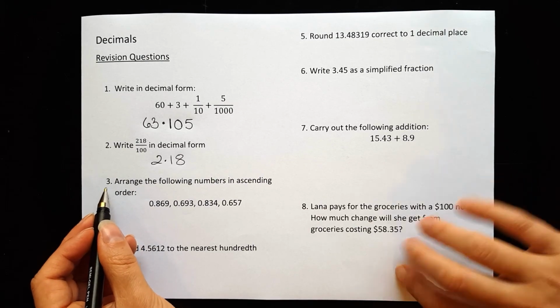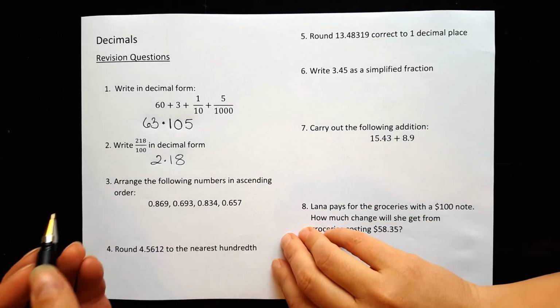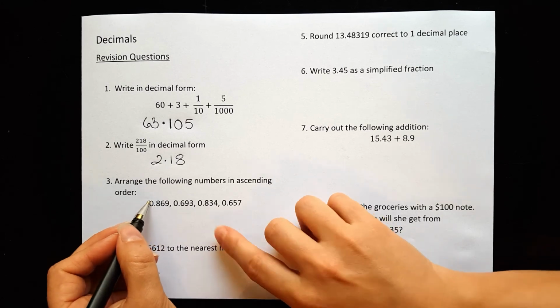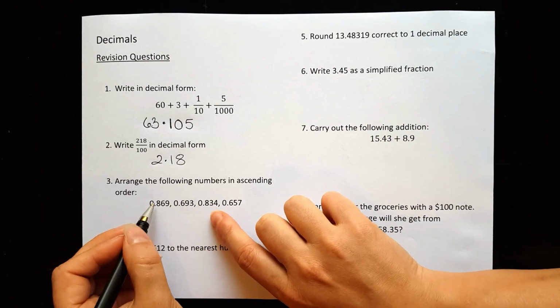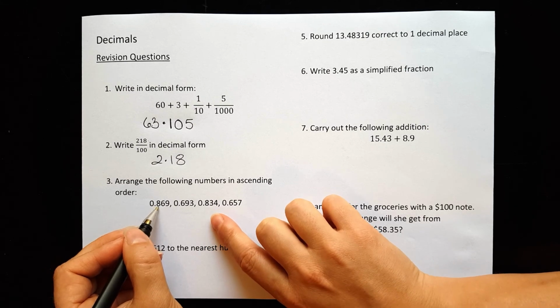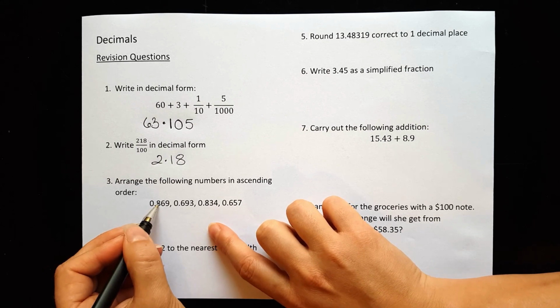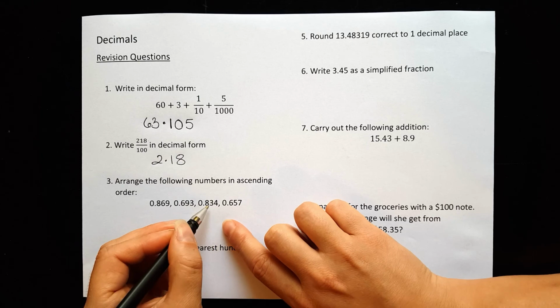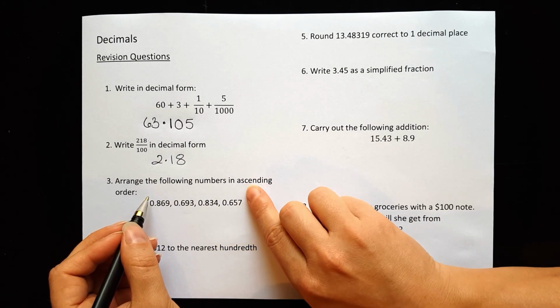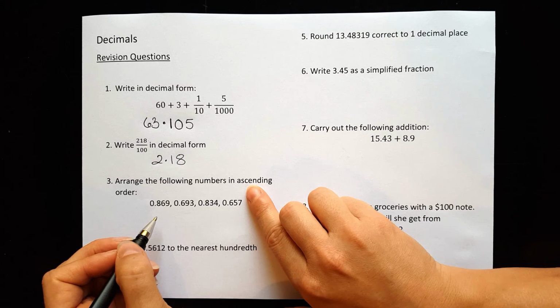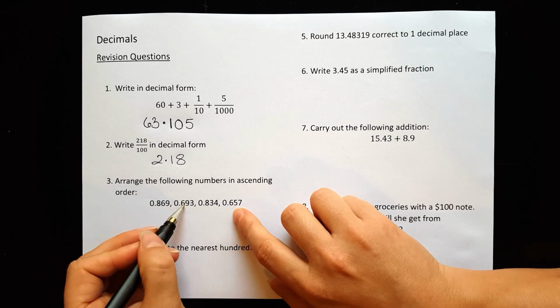Question 3, arrange the following numbers in ascending order. So they all start with a 0 point. After the decimal point, in the tenths position, we have an 8, 6, 8, 6. Because we're doing ascending order, we want the smallest ones first. So 6 is smaller than 8.